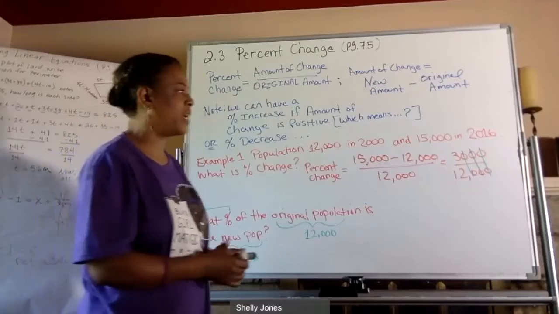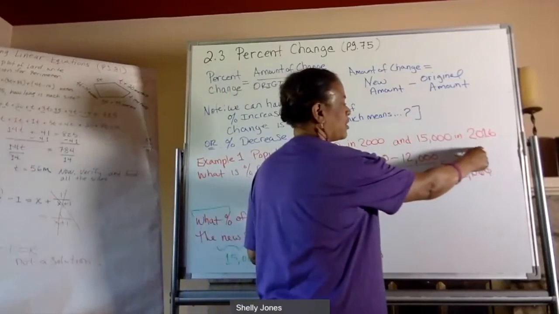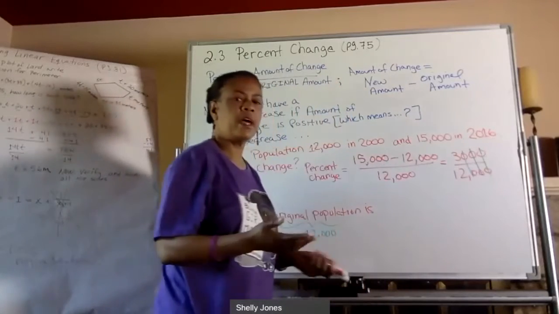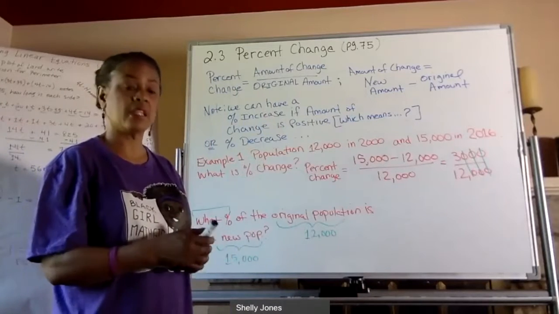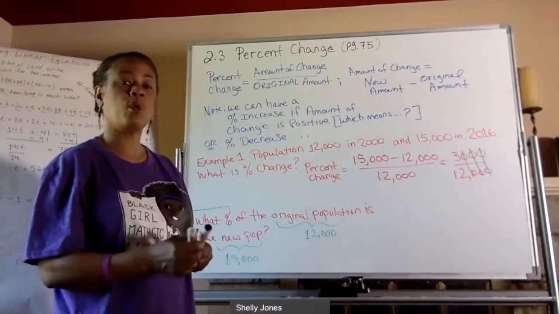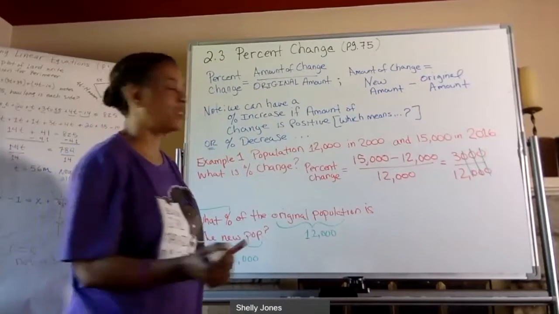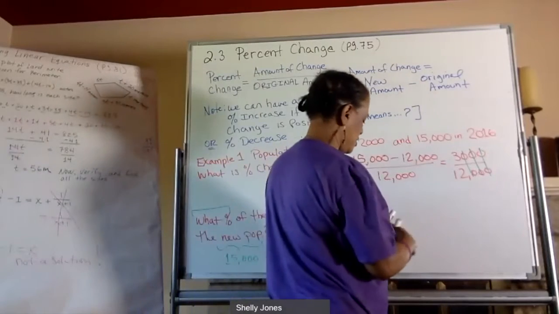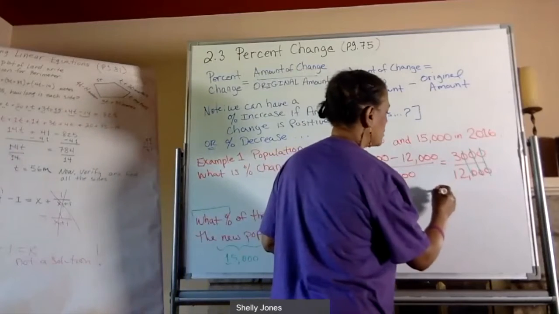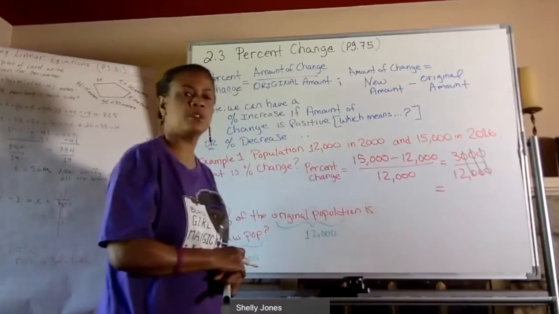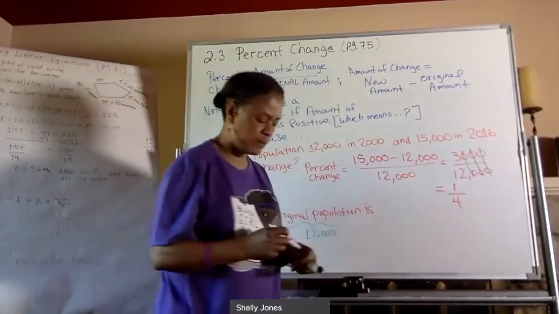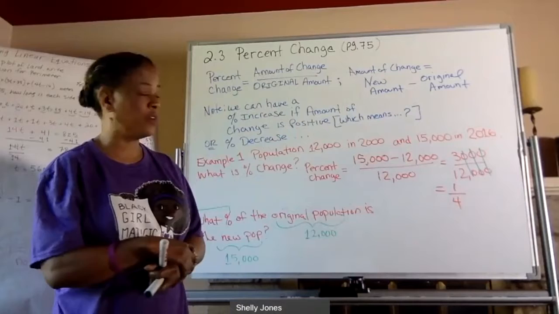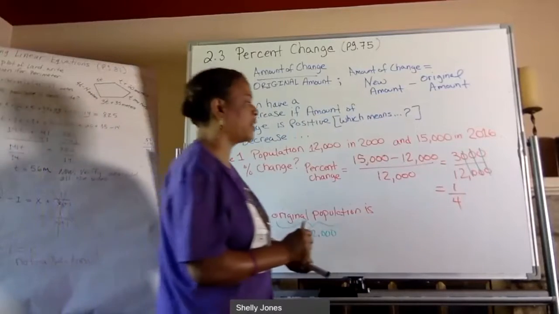In each case, I canceled out a zero in the numerator and the denominator. That's one of the factors of 10 that I'm canceling out. I end up with 3/12, which I can simplify. 3 goes into 3 once, and 3 goes into 12 four times. So I have 1/4, and I know that that's 25%.